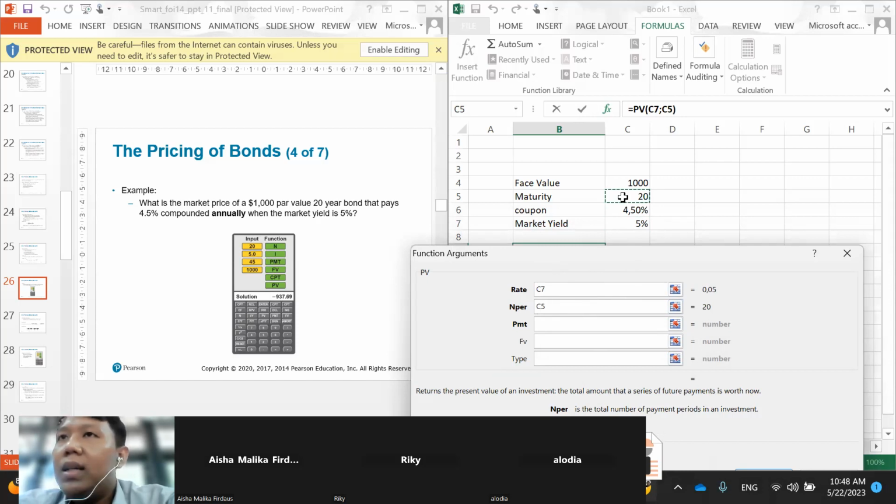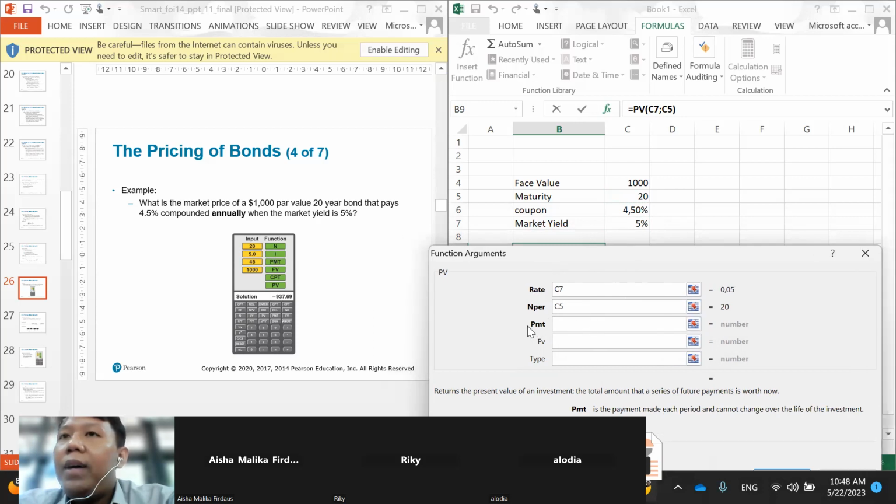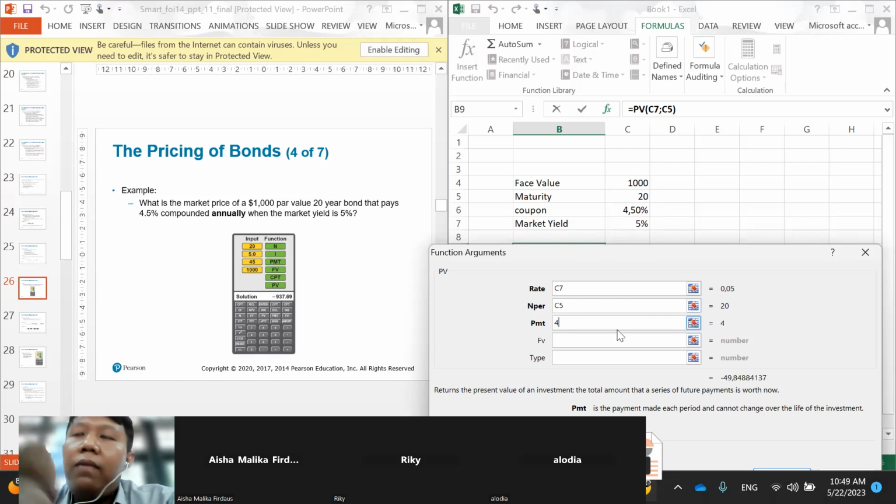Then we have payment, which comes from the coupon rate of 4.5%. So we need to take 4.5% of the 1,000 US dollar face value, and here we have 45.